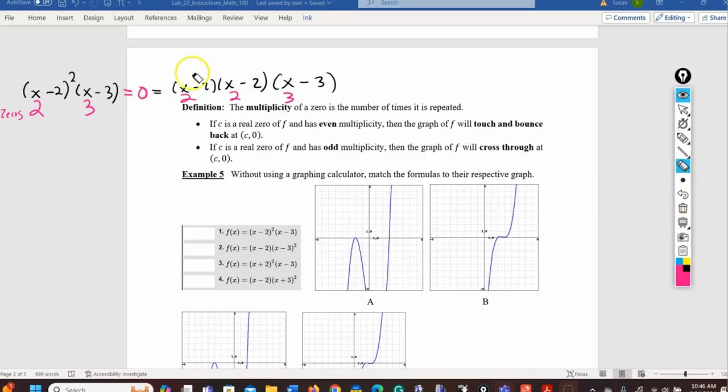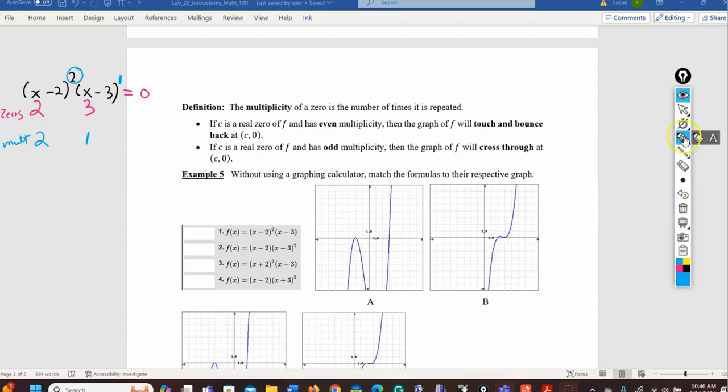But you don't want to have to do this out all the time. Let's look at this. So if I want the multiplicity, how many times is this repeated? Well, this is repeated twice, so the multiplicity is 2. How many times is this repeated? Well, if there's nothing there, it's understood that the power is 1.